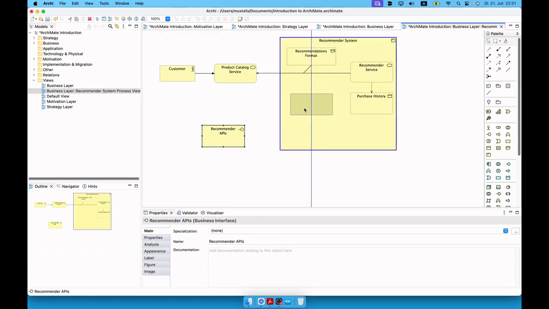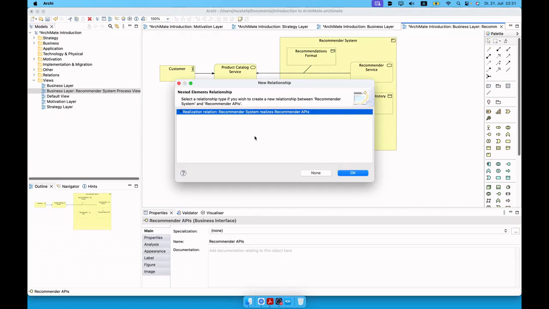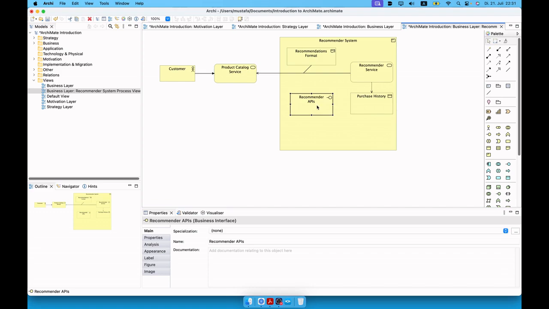This recommender APIs, I'm quite confused now because this is supposed to be a composition. API is assigned to, this is assigned to with the dotted circle on the one end of the API and the recommender service's system service.